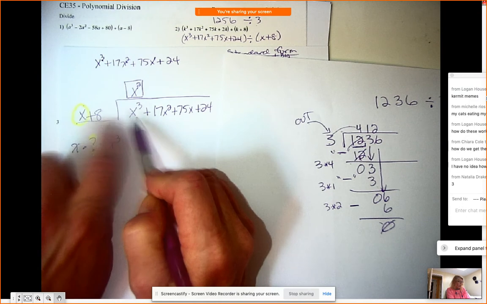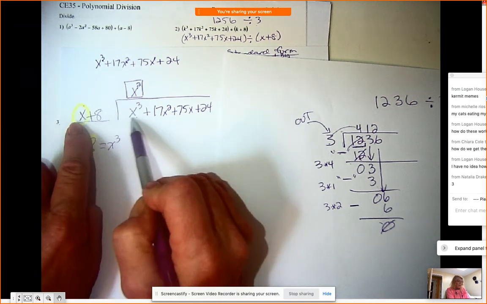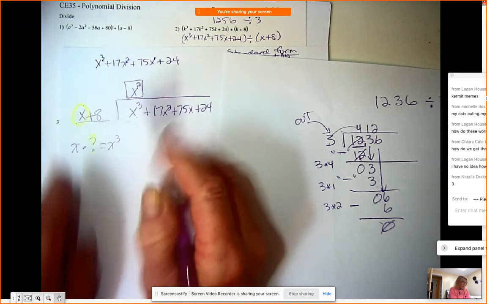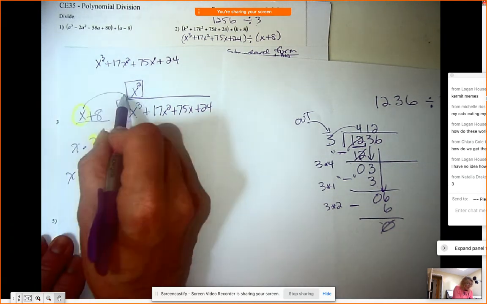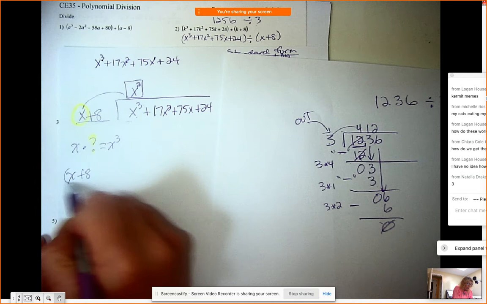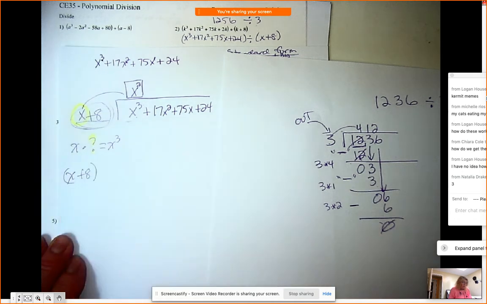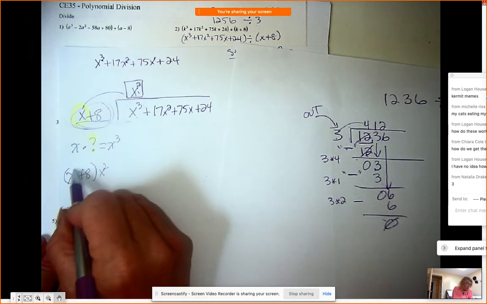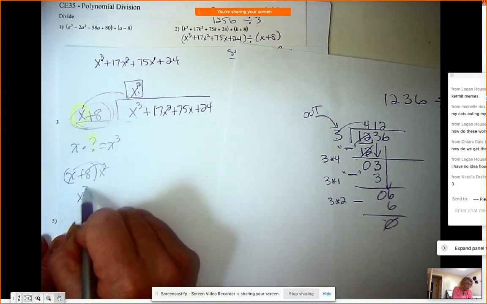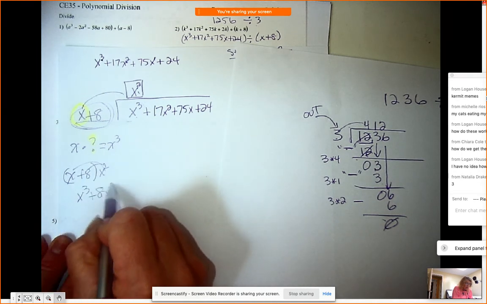I'm trying to figure out what I multiply x by to get that first term. Now, here's what I have to write though. I'm actually taking x times x plus 8. I have to take the whole divisor, multiply it by this x squared. So when I do this, I get x cubed plus 8x squared.